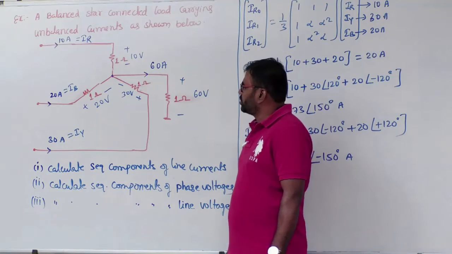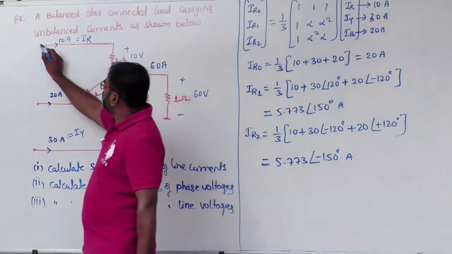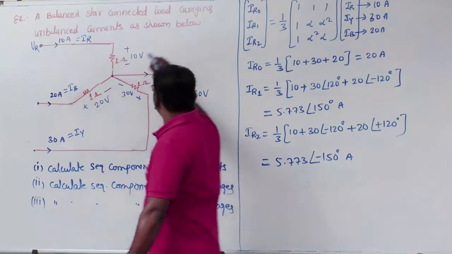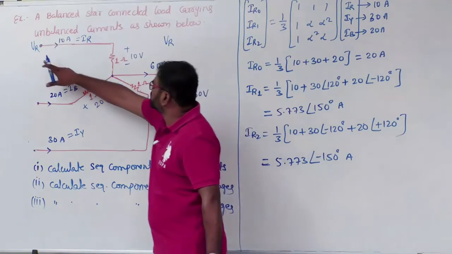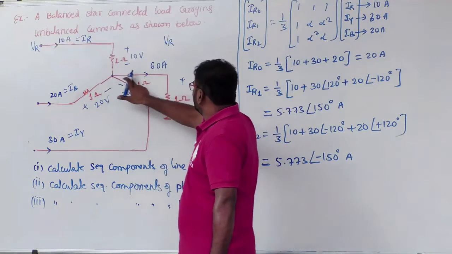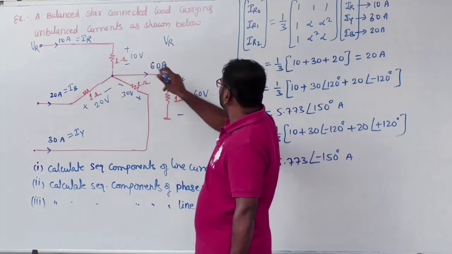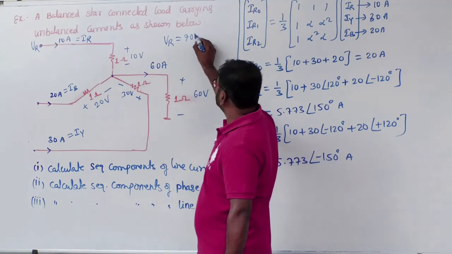So the R phase voltage VR you need to measure with respect to ground. Let's apply KVL in this loop: 10 plus 60, 70 volts.